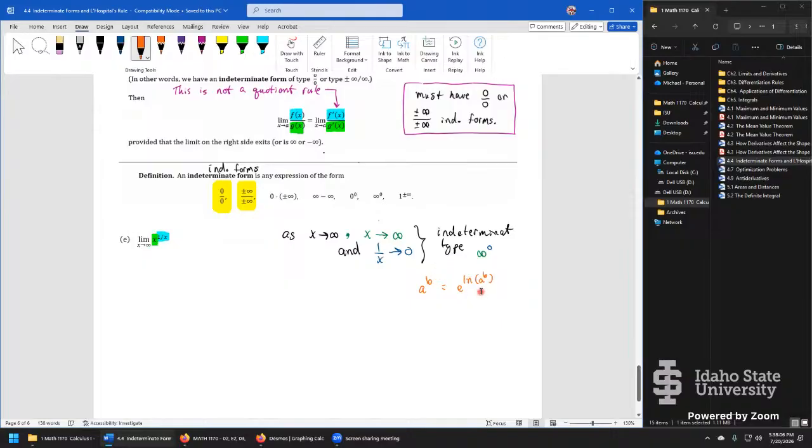It got really complicated, but that's a bona fide step to take because if we chose to cancel, properties of logarithms say that's a cancellation right there. You just get a to the power b. But now another property of logarithms says that this power can move in front of the logarithm, and so this could be rewritten as e to the power of b times the natural log of a.